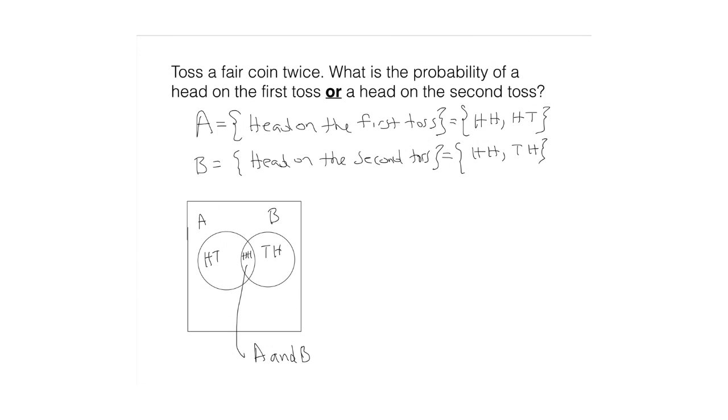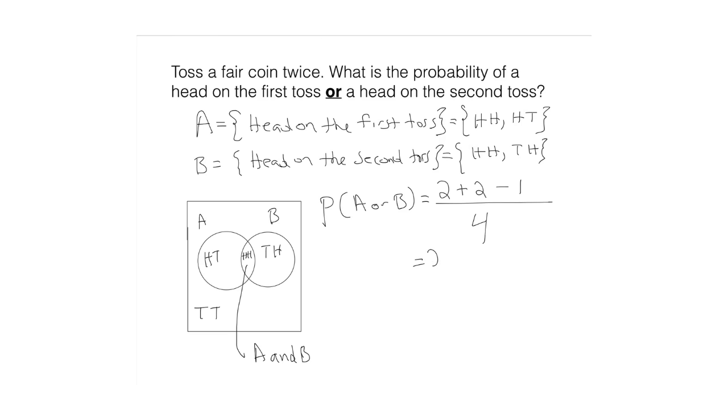So the only possibility that's missing from this Venn diagram are 2 tails in a row, and we'll put those outside the circle. But what we were really interested in is the probability of A or B. Well, there's 4 possibilities in total. There's 2 ways that A can occur, plus there's 2 ways that B can occur. But remember, A and B share or overlap in the possibility of 2 heads in a row. So we're counting that twice, so we have to subtract off one of those possibilities.